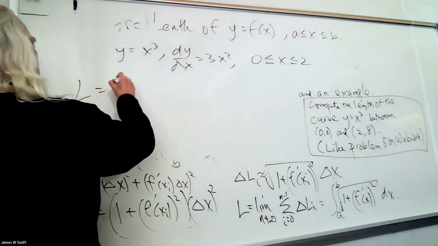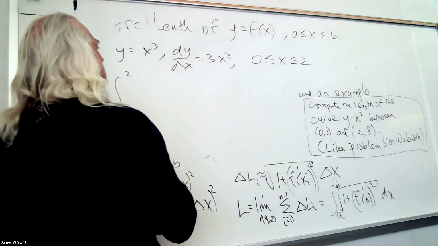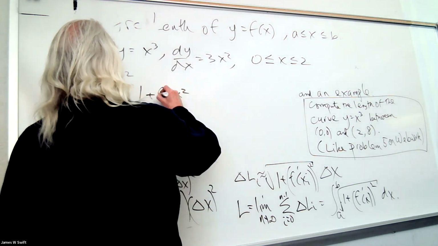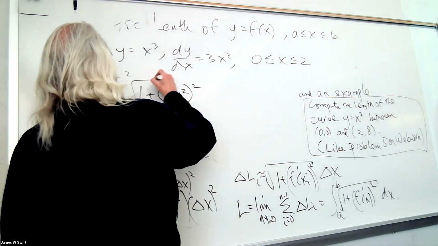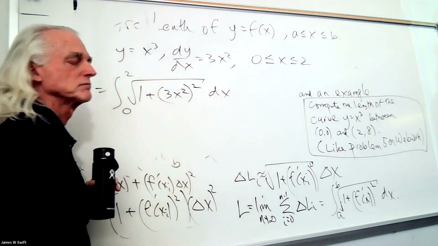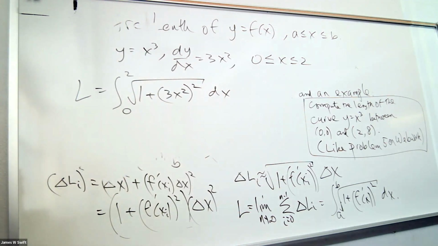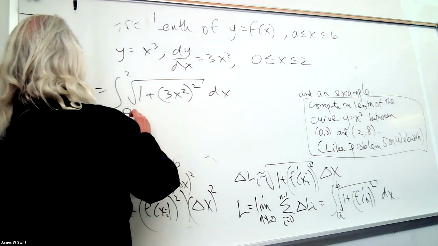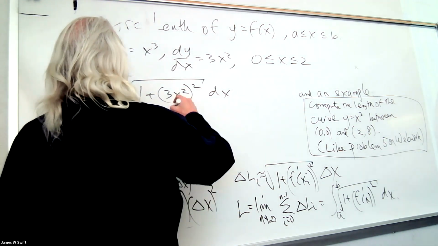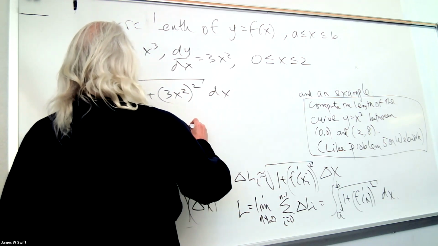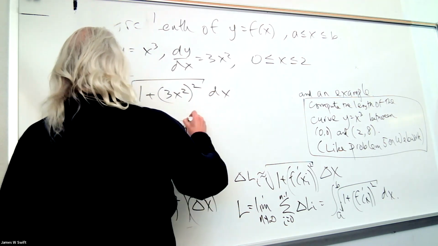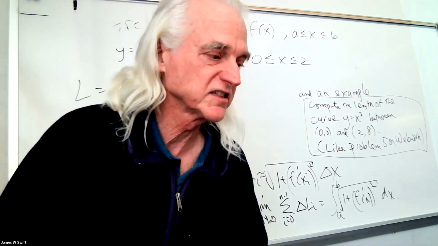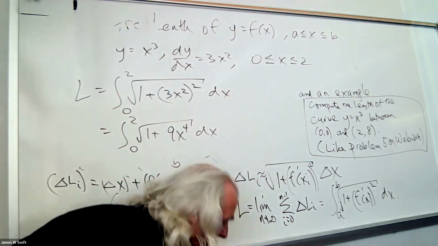So we get L is the integral from 0 to 2 of the square root of 1 plus (3x squared) all squared, dx. If I want, I can simplify that to the integral from 0 to 2 of the square root of 1 plus 9x to the 4th, dx.